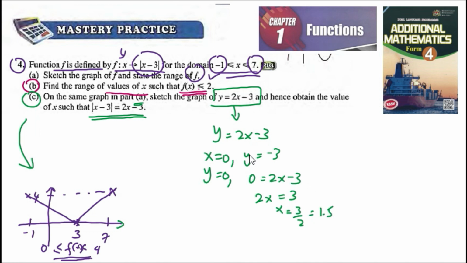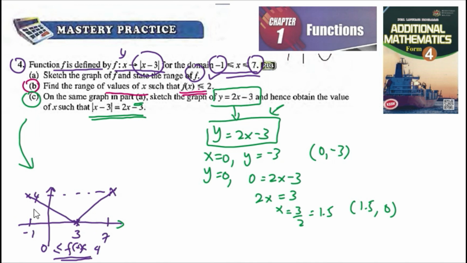So here we have this point, which is (0, -3), and here is (1.5, 0). You can take any 2 points, just substitute to get the points that you can mark on the graph.